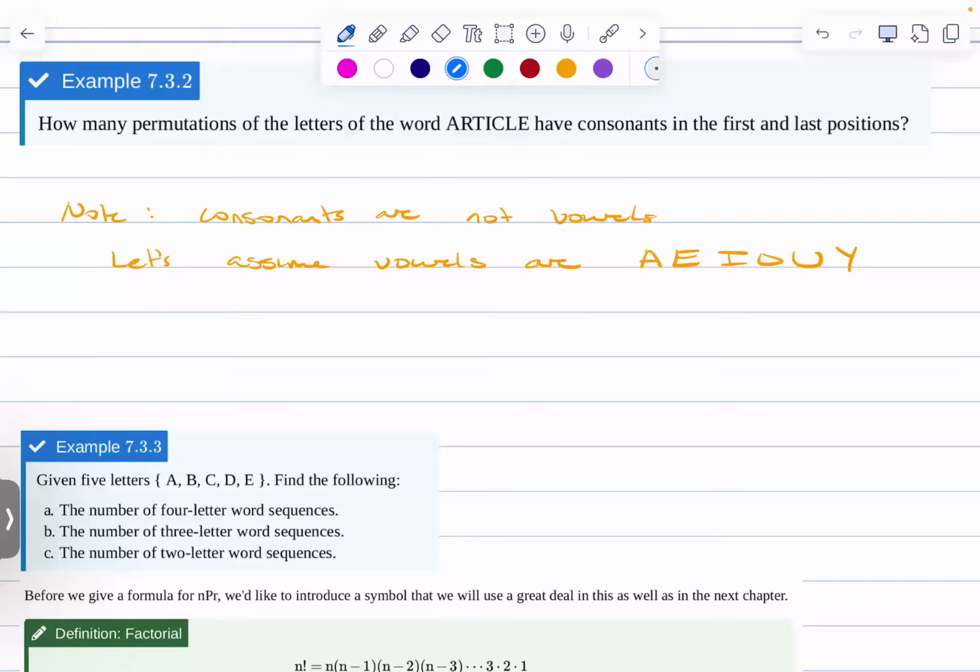How many letters do I have? I've got 1, 2, 3, 4, 5, 6, 7 slots, 7 slots to fill. So I'll start with drawing my slots.